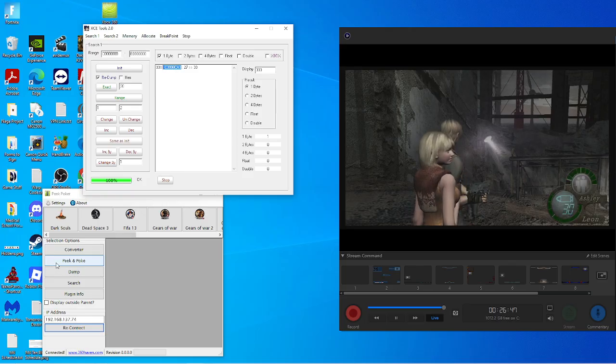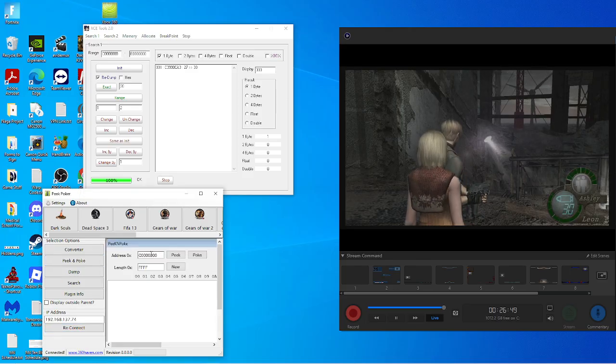So now what I'm going to do is go to Peek Poke, put this address in, set the length to 4, and considering we're dealing with a 1 byte value, we're just going to mess with this one right here, the one at the 00 marker.